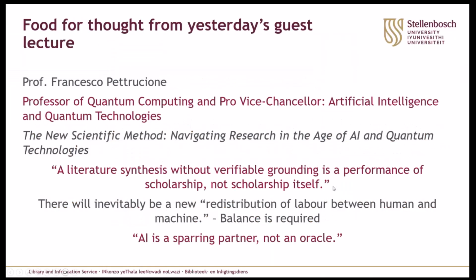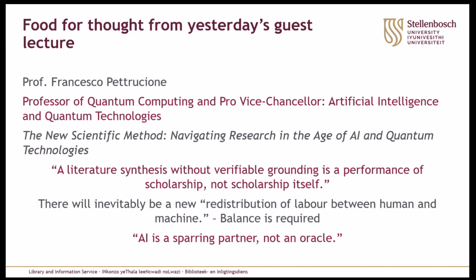But for those of you who missed yesterday's webinar or guest lecture by Prof. Francesco Petrocchioni, who is a professor of quantum computing and Pro-Vice Chancellor, Artificial Intelligence and Quantum Technologies, there were 3 quotes from his presentation yesterday that I found highly valuable and worthwhile food for thought.